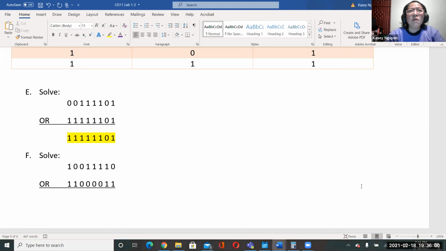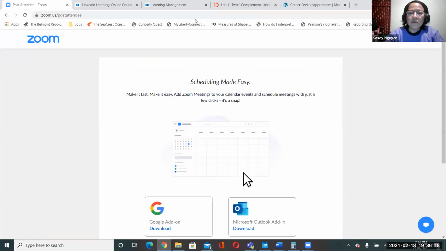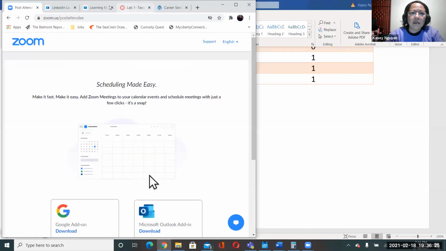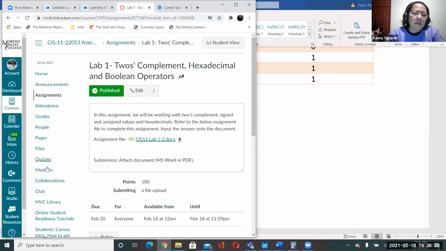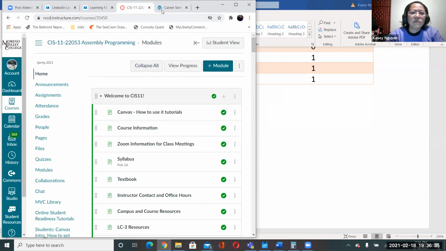But before we go, I have some time, so I wanted to touch base with you about the installation of LC3. And you can do this next week or this weekend or whenever. If you're looking at your module, I think I put some LC3 resources for you.